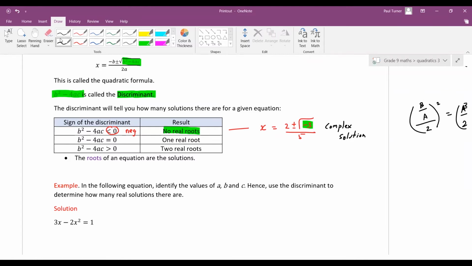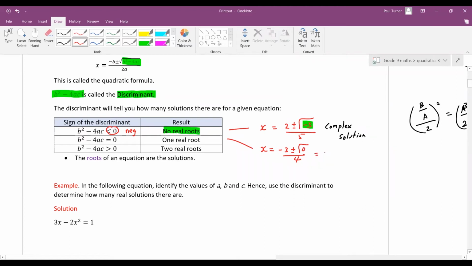The other case you get is if this value is 0. So for example, if you had x equals -3 plus or minus root 0 on 4. Imagine you got 0 here. So root 0 is 0, so it gets ignored.